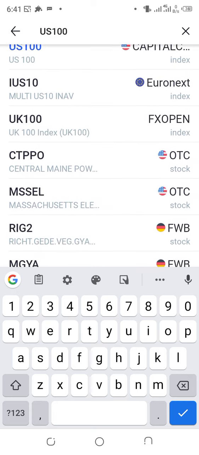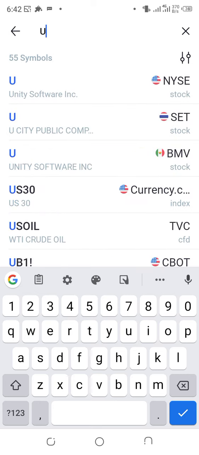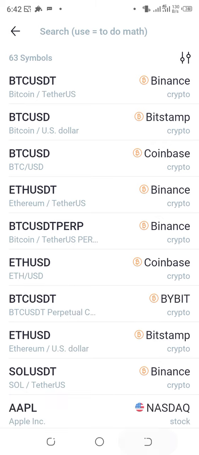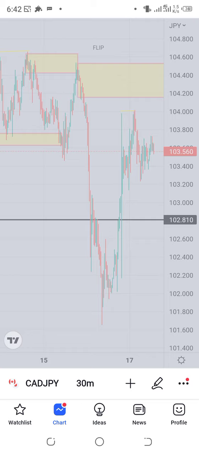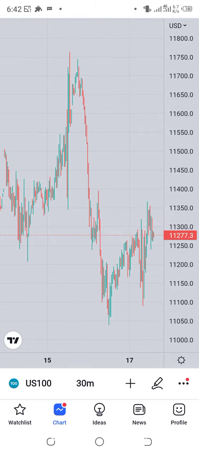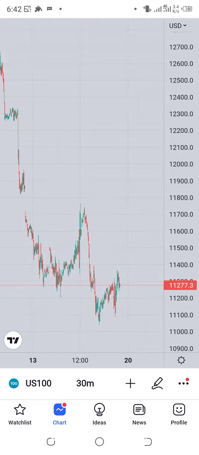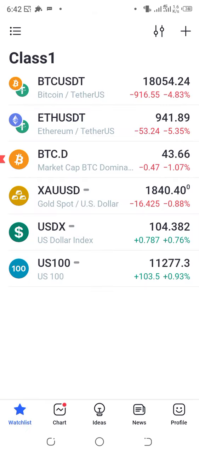Can find that one here. What is this index for it? Let's go to, okay, yeah, it's US 100. This is it. This is the Nasdaq. And now there we have our watchlist.